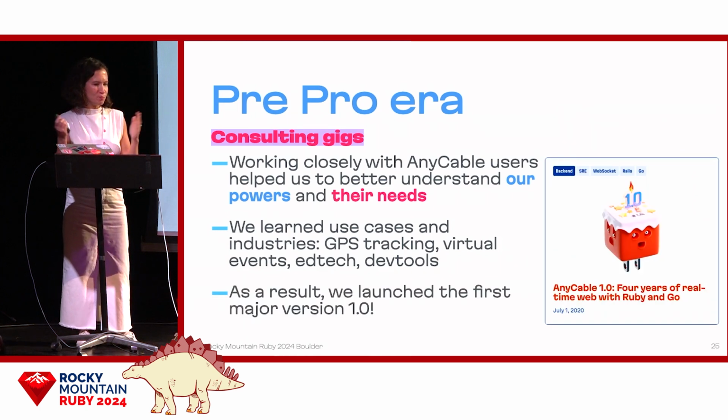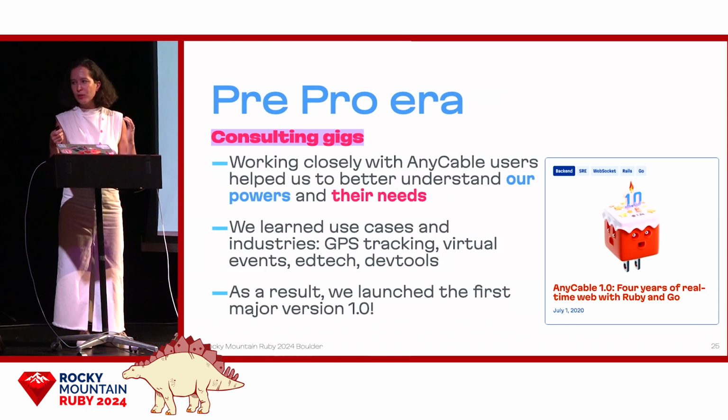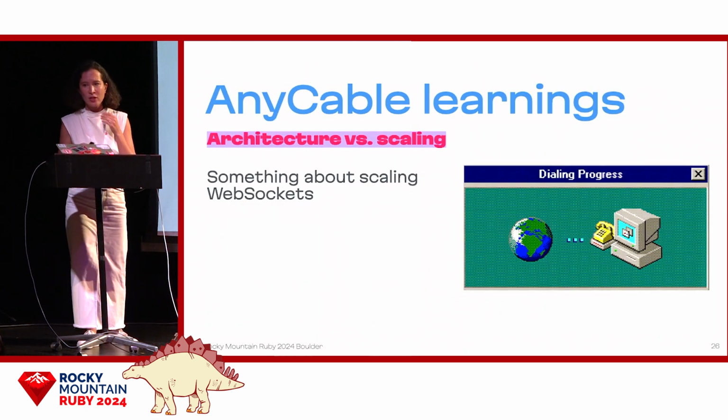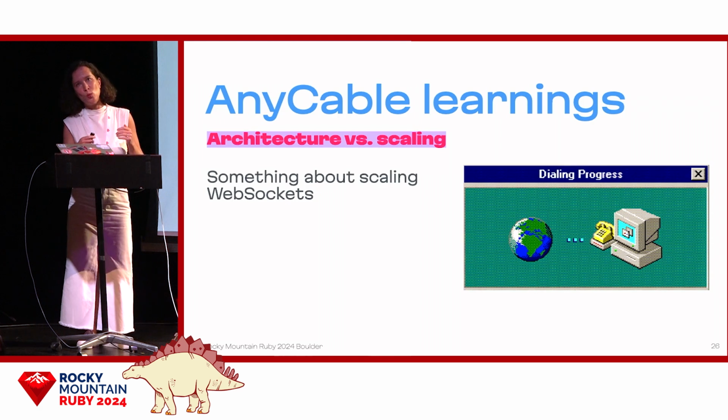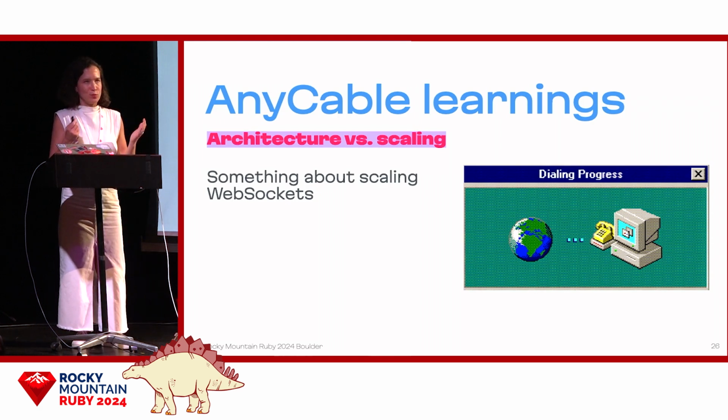And finally, this is why we saw, okay, there's demand for AnyCable, and we released version 1.0. We also learned something about scaling WebSockets, which we didn't originally expect to learn.